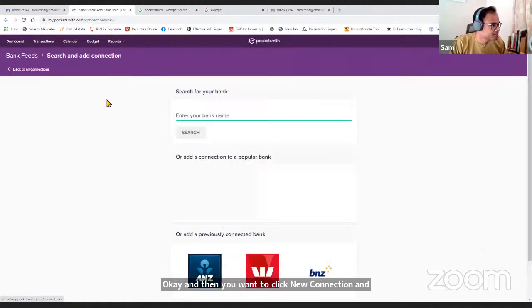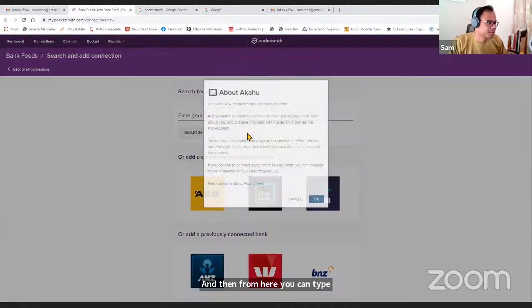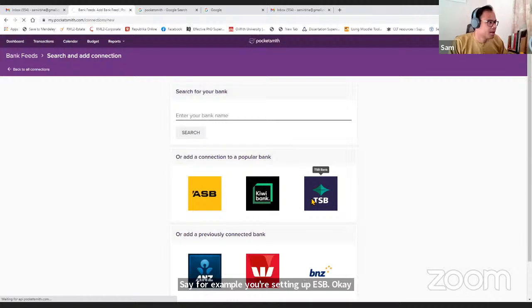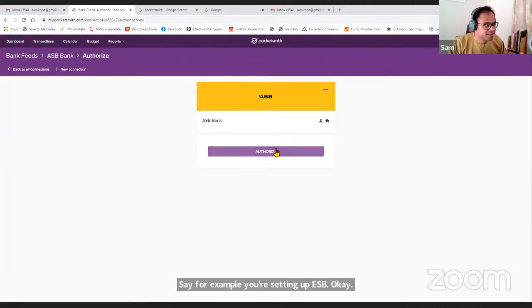And then from here, you can type in your bank name, all right? Say, for example, you're setting up ASB, okay? And then it's a matter of authorizing. So you'll be logging into your online banking and then connecting the accounts. Different banks have different ways of doing it, but it all starts from this window here, all right?